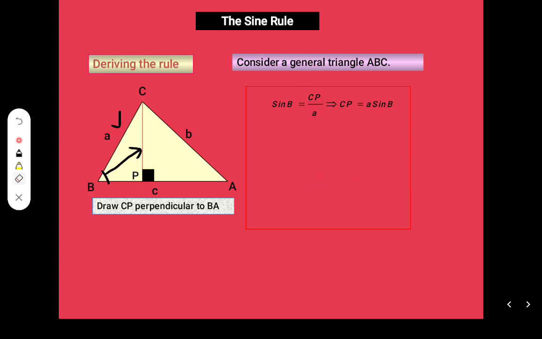It also follows that the sine of angle A is equal to CP, which is opposite the angle A, divided by B, where B is the hypotenuse.